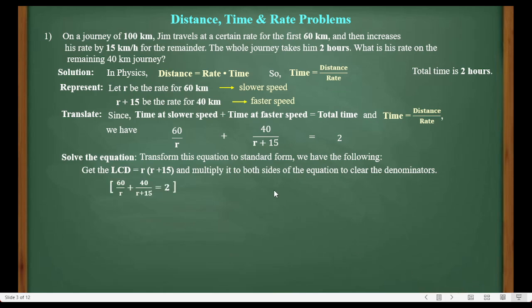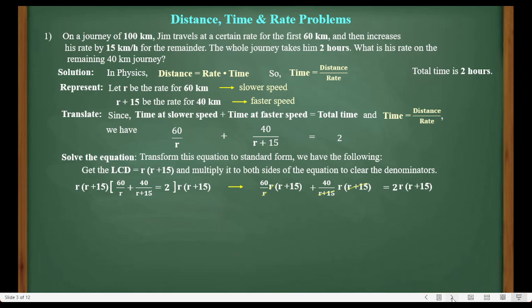Taking this equation and multiplying both sides by the LCD, which is r times the quantity r plus 15, the equation will be like this, wherein each term is being multiplied by the LCD. Since each term is being multiplied by the LCD, the denominators are now cleared out.